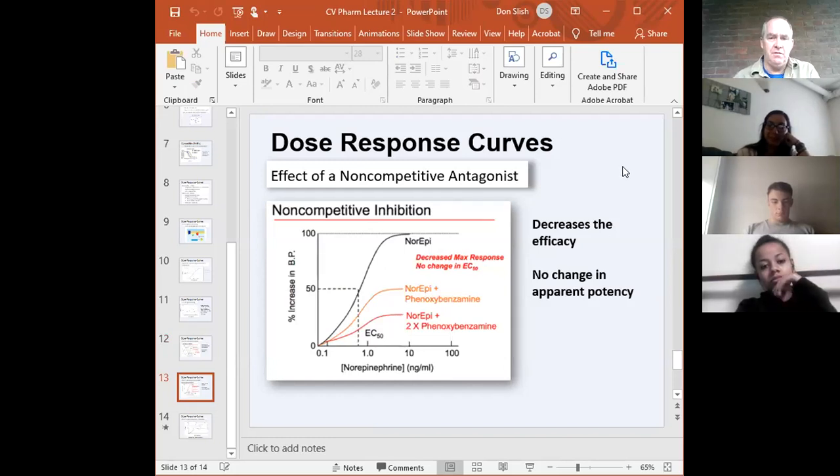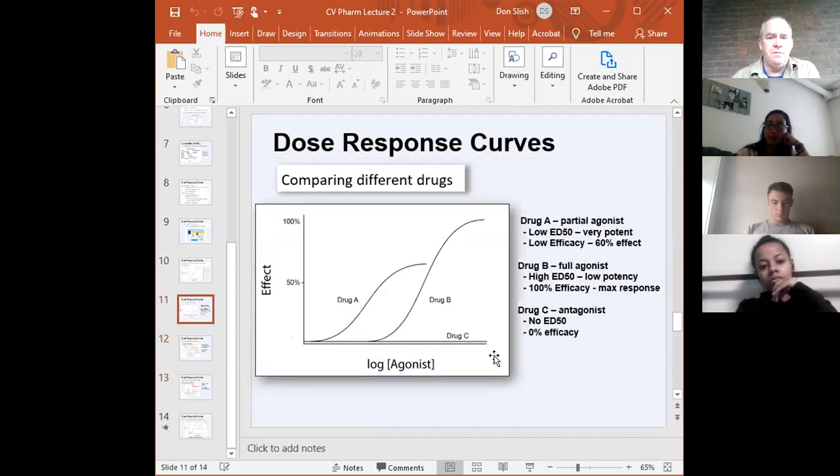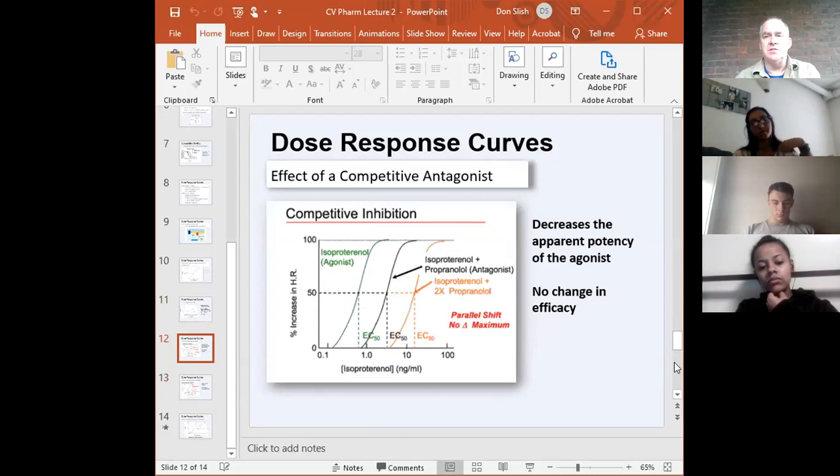So your non-competitive antagonist or irreversible antagonist is going to decrease the efficacy, but not change the potency of the drug. So if we back up again, you've got this drug C that produces no effect, but you synthesized it to bind to that receptor. Your next experiment then is a competition binding assay, and you see what is the effect of your drug on the dose response of the agonist.